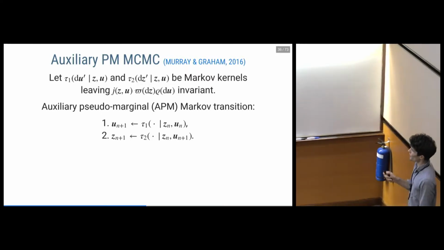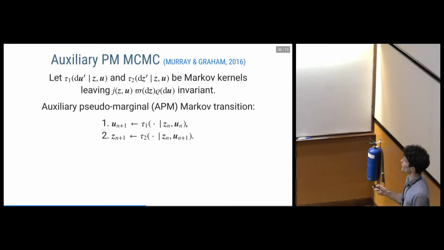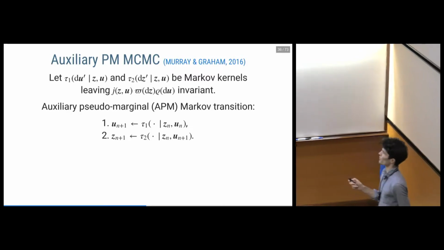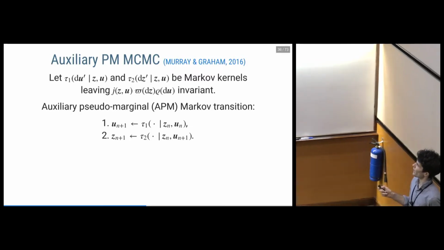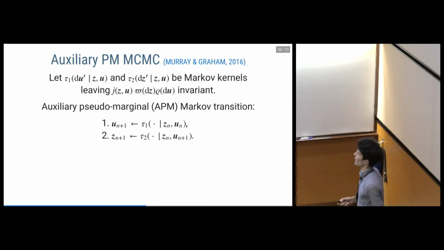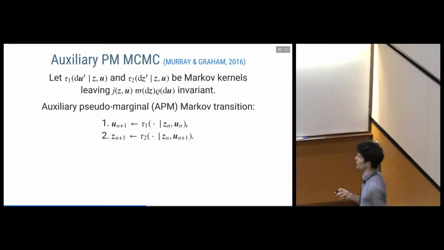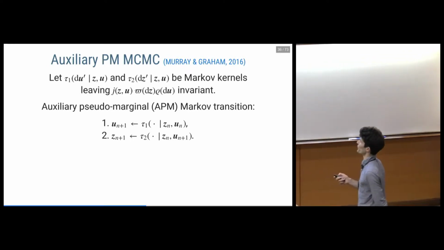So I'm just going to define this auxiliary pseudo-marginal Markov transition as the composition of some transition operator which leaves this joint distribution invariant and varies only those auxiliary variables, and then a second one applied sequentially which just targets the Z variables, so the actual unknowns of interest in the problem.